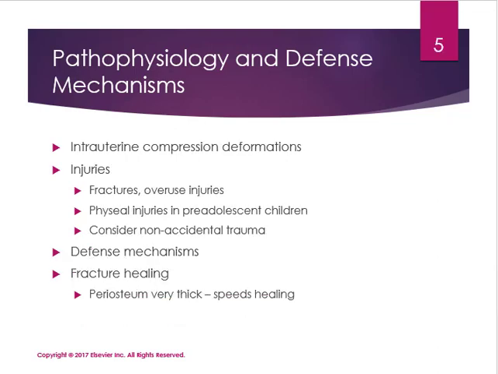Other conditions that can occur might be intrauterine compression deformations. This is when, as the baby is growing in utero, movements become restricted and body parts can assume the shape of the area that they were fixed in.